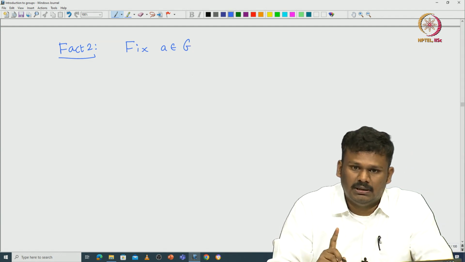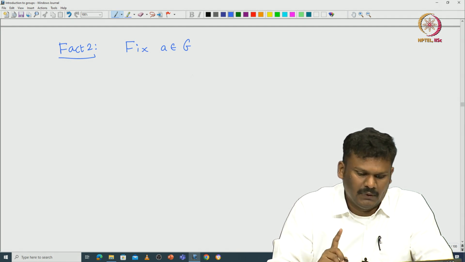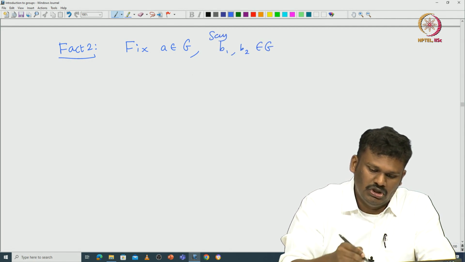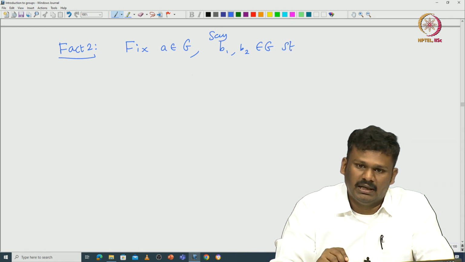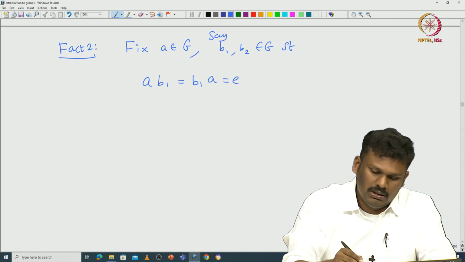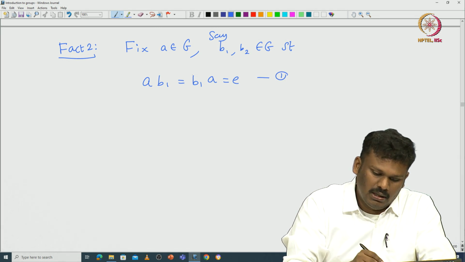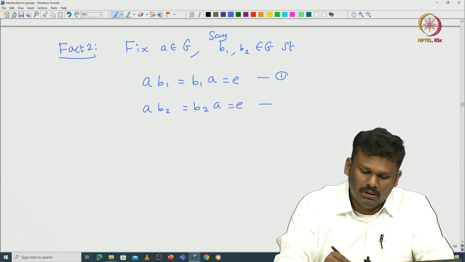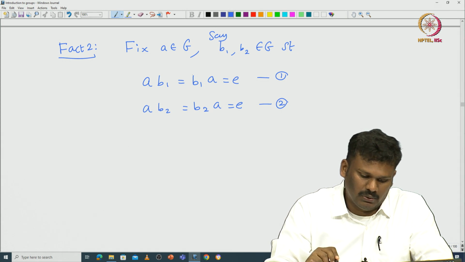We want to say that there exists a unique inverse for this element A. So let us say there are two elements B1, B2 in G such that both are inverses. So that means A B1 and B1 A must be equal to identity, and similarly A B2 and B2 A must be equal to identity. So this is what you have.